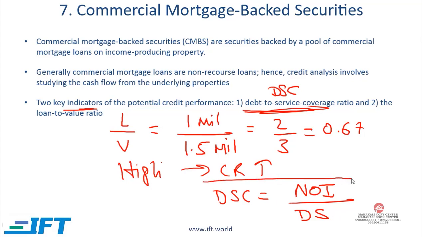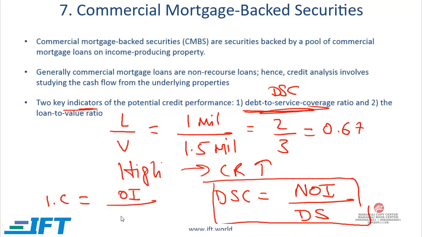Now, how can you remember this ratio? From FRA, I'm sure you remember the basic formula for interest coverage. Interest coverage is operating income divided by the interest expense. Notice the parallel over here. Instead of taking operating income, we are taking net operating income, and in alternative investments we learn how to calculate the net operating income for a commercial property.